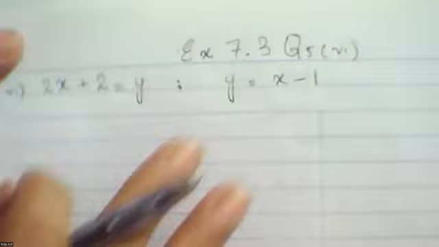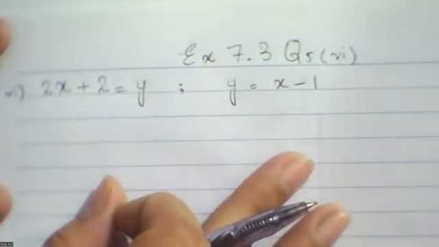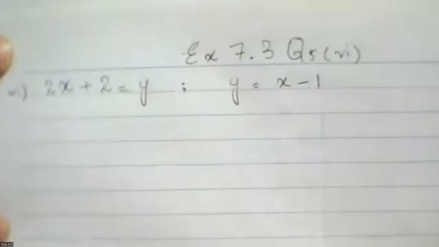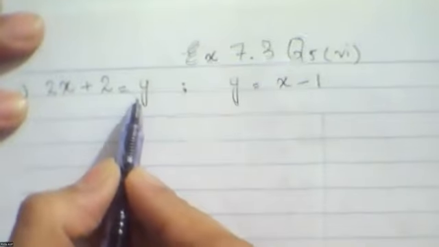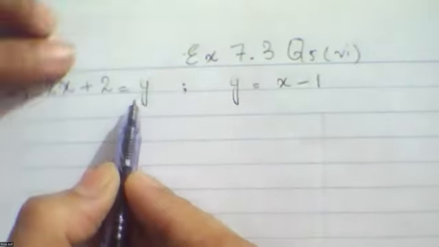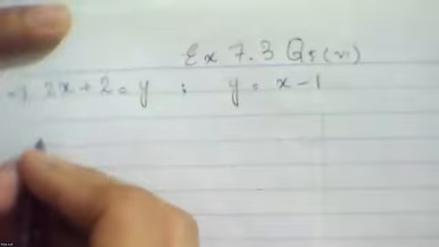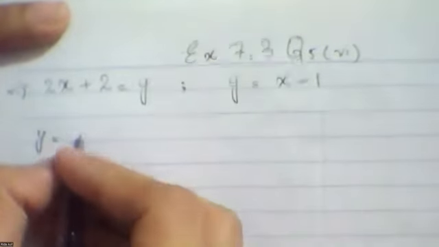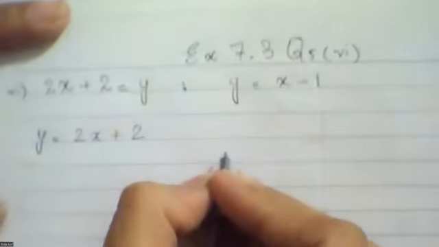So our aim is to solve these simultaneous equations by graphical method. Students, first of all, this is our equation 1. Here, this y is written alone. So we can easily write this y on the left-hand side. We get y is equal to 2x plus 2.